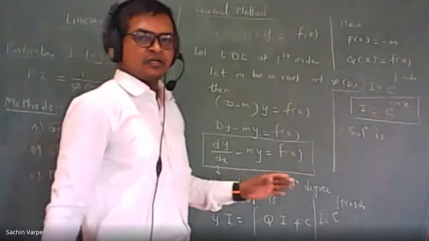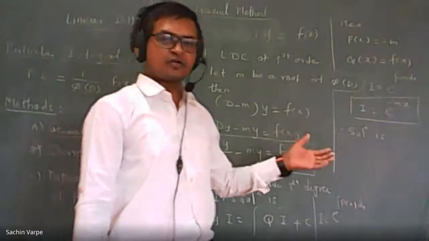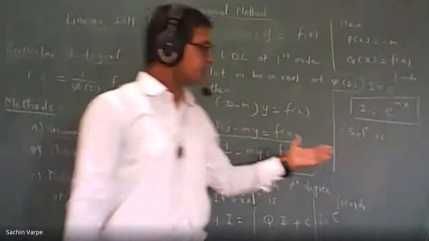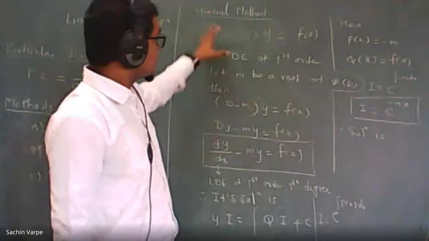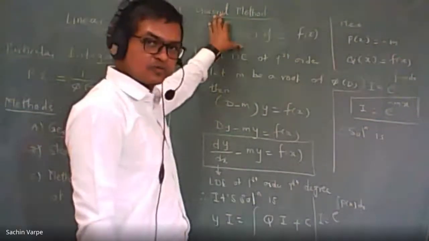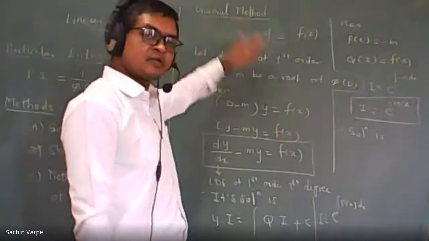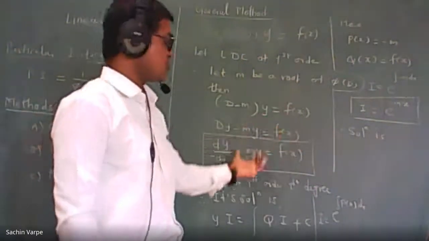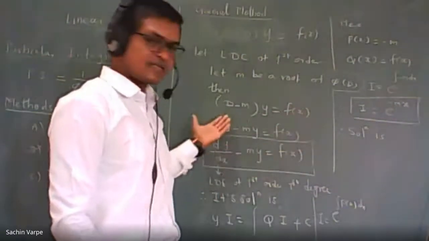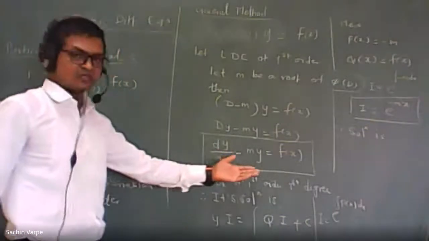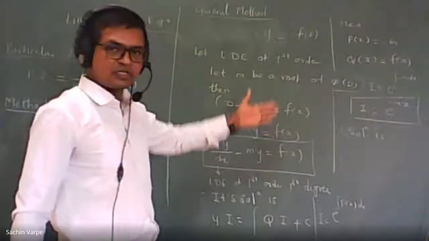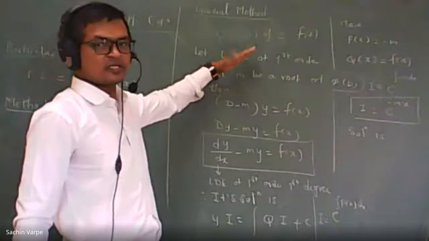See, actually we are solving a linear differential equation with constant coefficient of first order first degree, like the solutions we have discussed in M2, right? So the same solution here for the first order first degree, remember, there is no difference.